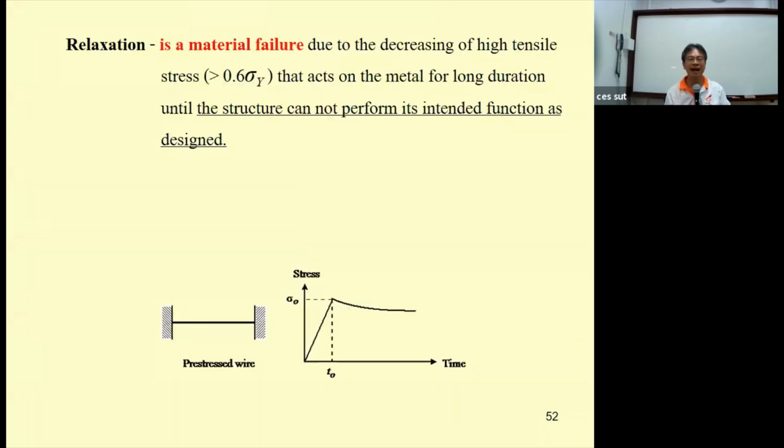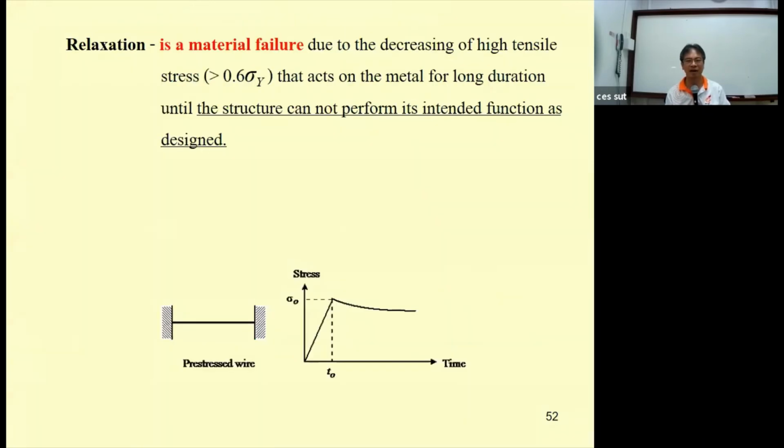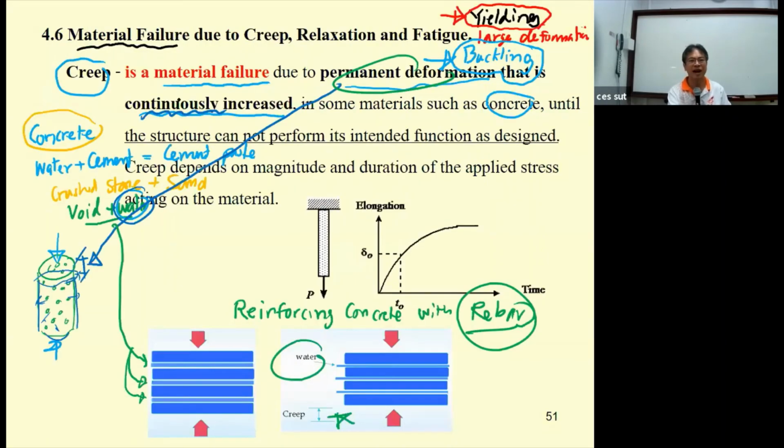Okay, and then in the design of prestressed concrete, we also need to consider relaxation. Relaxation is a kind of material failure again, such as creep. They are material failures.